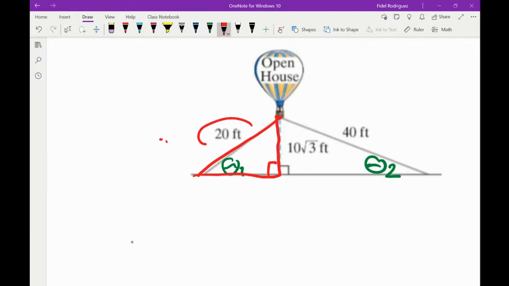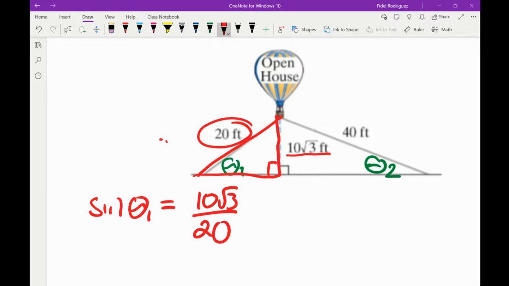Everybody agree that this side here is my hypotenuse? Compared to the angle theta 1, would this side be the opposite or the adjacent? The opposite. Okay. What trig function involves opposite? There you go. So we would know that the sine of theta 1 is equal to 10 square root of 3 over 20, right?